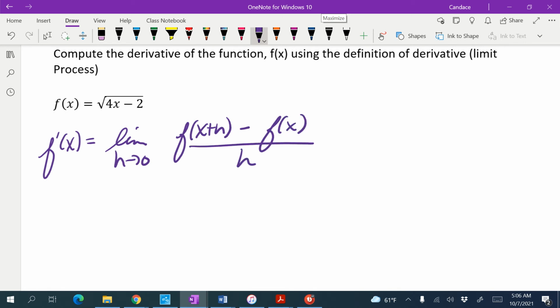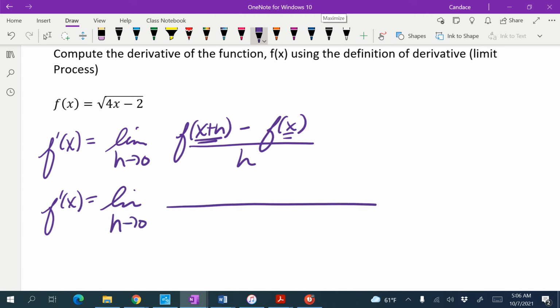So again, what this means is that I'm going to plug the x plus h anytime there's an x, and this means I'm plugging in x anytime there's an x. So f prime of x equals the limit as h approaches 0 of, so I'm going to take this and write it out, and instead of writing an x, I'm going to write some parentheses. Inside the parentheses, I'm going to put this x plus h.